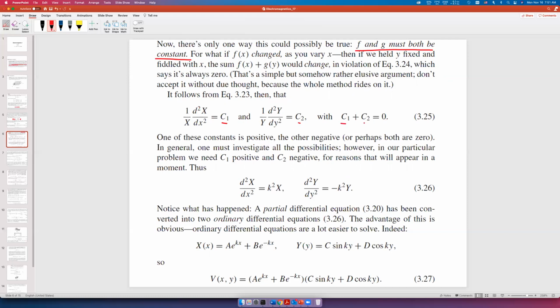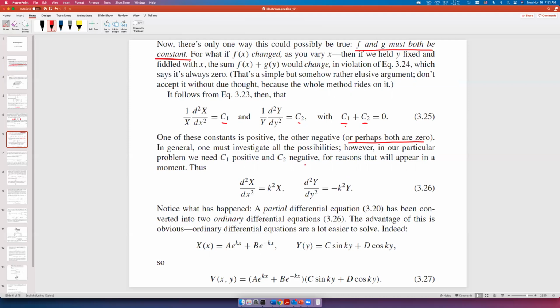Then C1 and C2 should be two constants, one of them negative and the other positive, or they might both be 0. So in general, let's say one of them is positive and the other is negative.